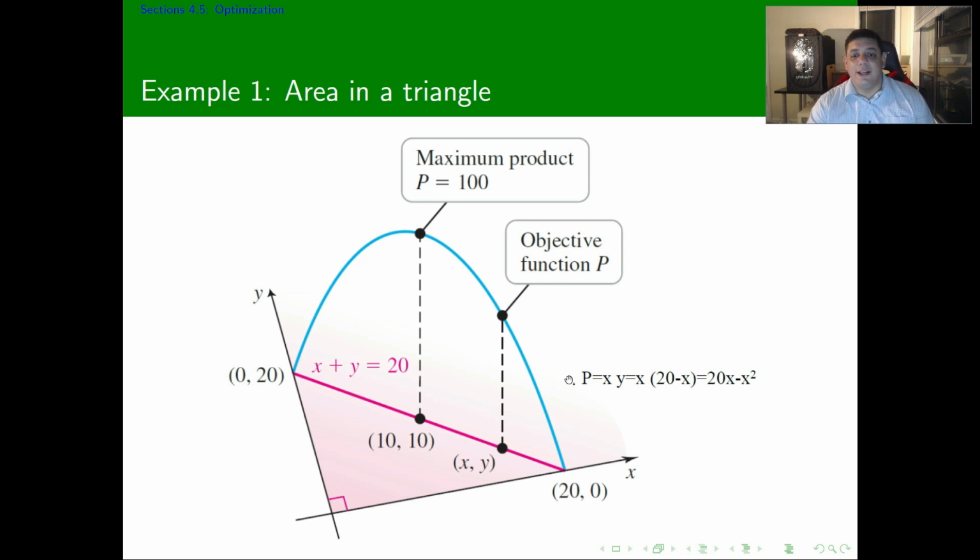And notice that this is going to have a maximum point that we can find via the parabola, or we can find by optimizing. This is going to be the maximum when x and y are 10. The product is going to give me 100. Okay, so this is my objective function.